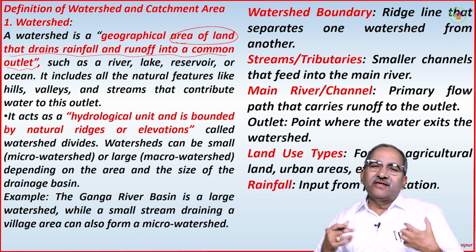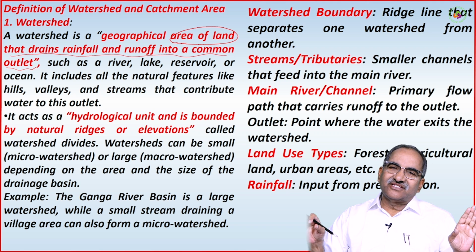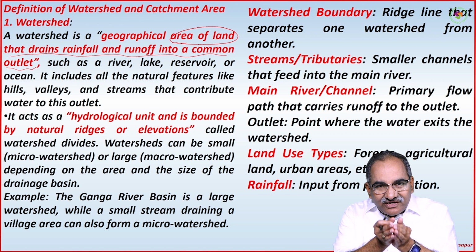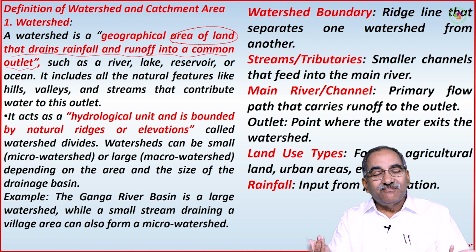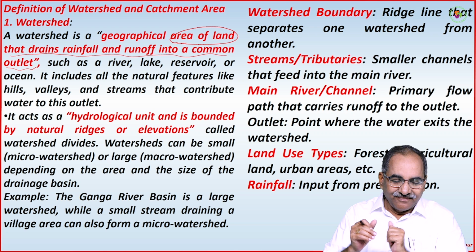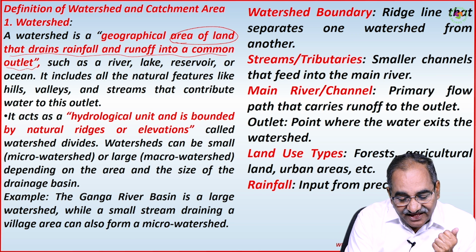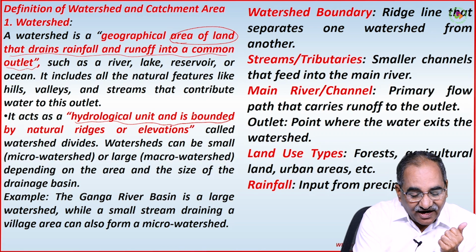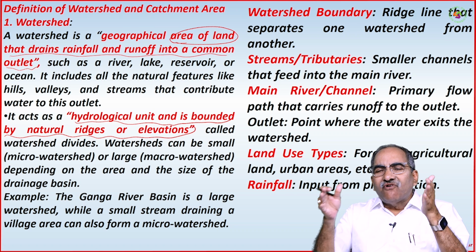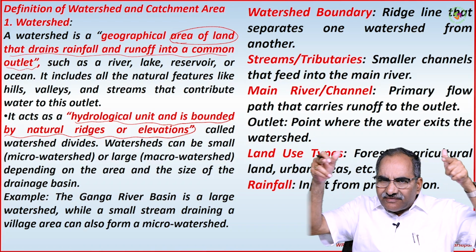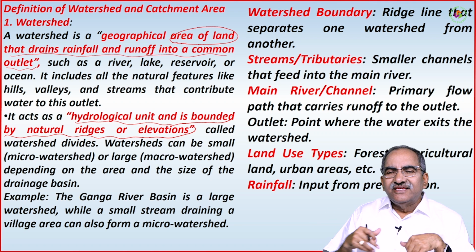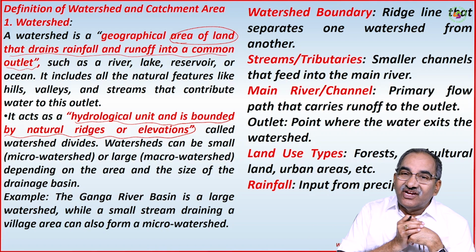This watershed may include all natural features, for example hills, valleys, small tributaries and small streams, but all of these contribute to this outlet. Again, it acts as a hydrological unit and is bounded by natural ridges or elevation. Any watershed naturally must have a boundary. That boundary line, the watershed boundary line, is what we call the ridge line.